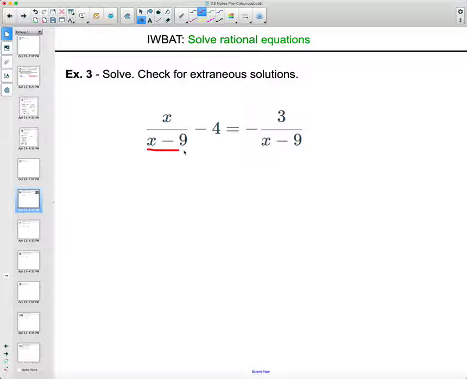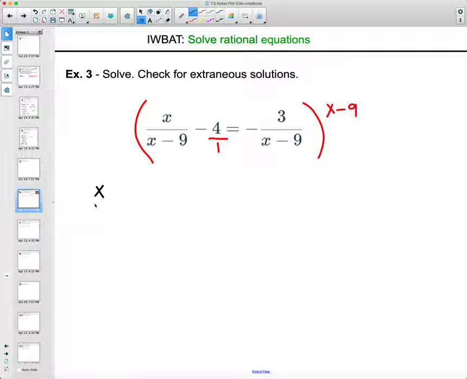If we take a look, this is a 1, this has a 1 underneath it. So the factors we see here are x minus 9 and 1. So we're going to multiply both sides of this equation times that x minus 9. I'm going to distribute this x minus 9 into all of this.